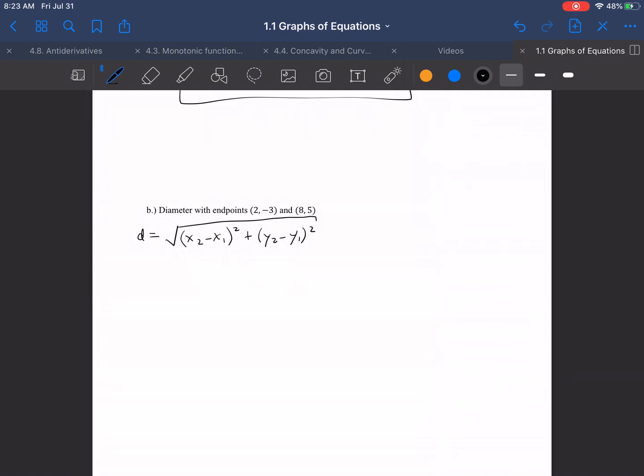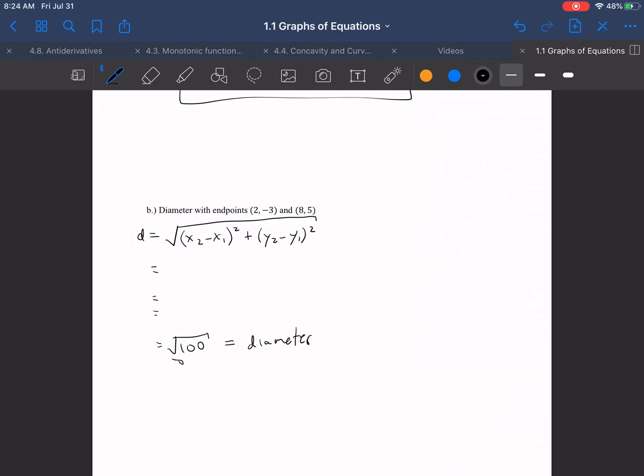Find this distance, do whatever you have to do. It's going to ultimately give you square root of 100, which is going to equal the diameter. Okay? And so when you have the diameter equals 10, right?